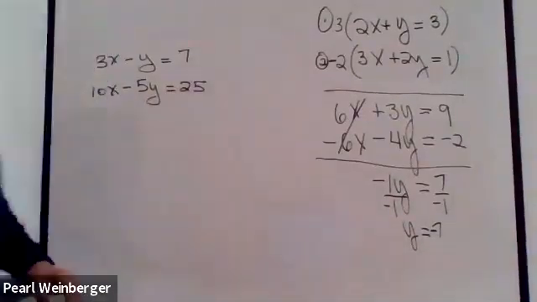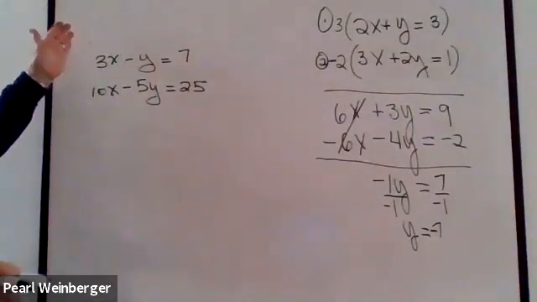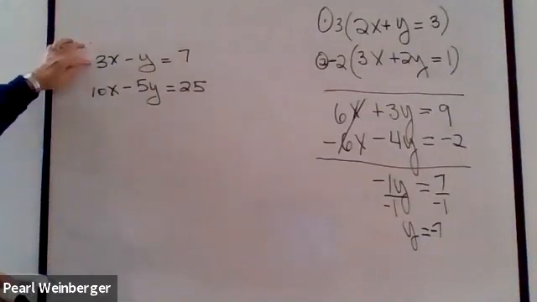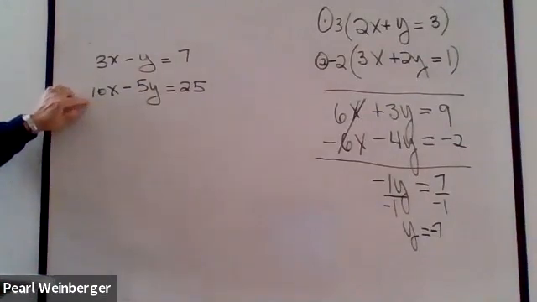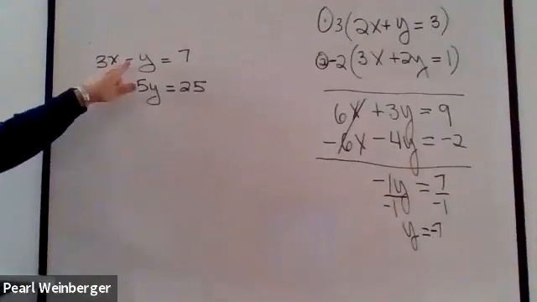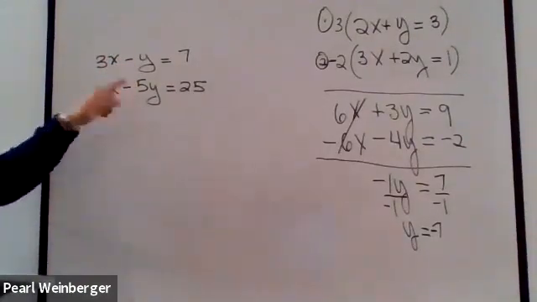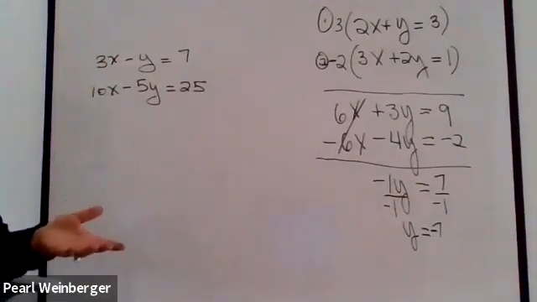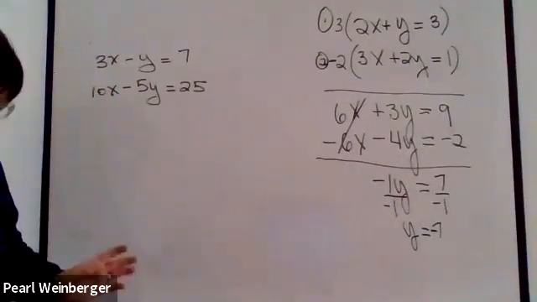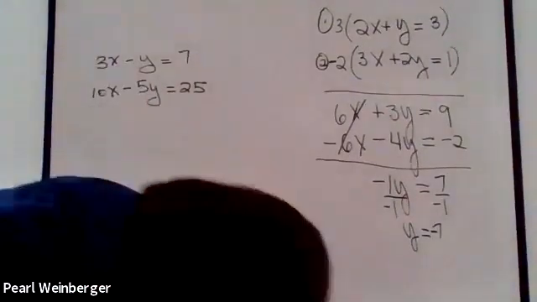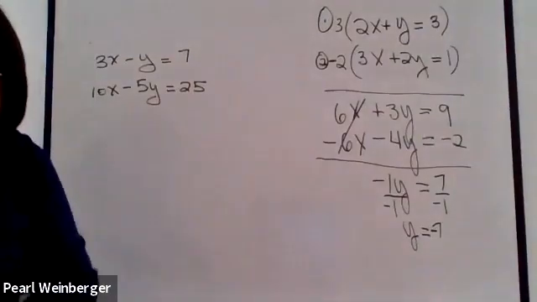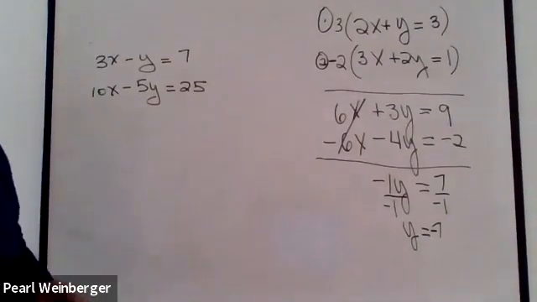Okay, and again, I think if you look at it, you'll see if you add them down, the 3x and the 10x will give you 13x. We're not getting rid of that. And the -y and the -5y give you -6y. So just adding the equations without multiplying is not going to be a help. You will not eliminate one of the variables.